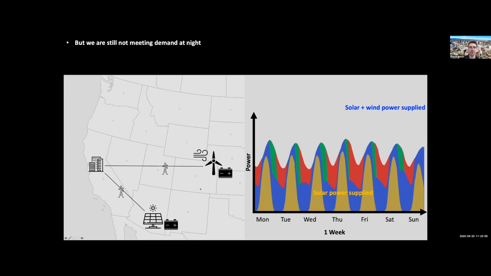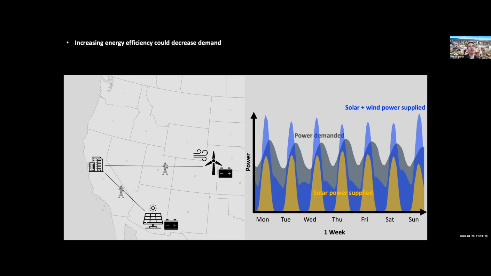And so we end up needing to what's called overbuild, where we need a lot of wind farms and a lot of solar farms. So we would build more wind farms and more solar farms so that we can meet energy demand even in the middle of the night. So you'd need a lot of wind farms for that.